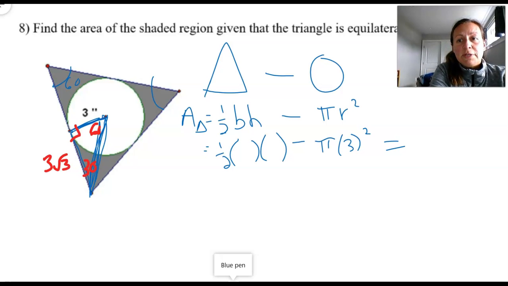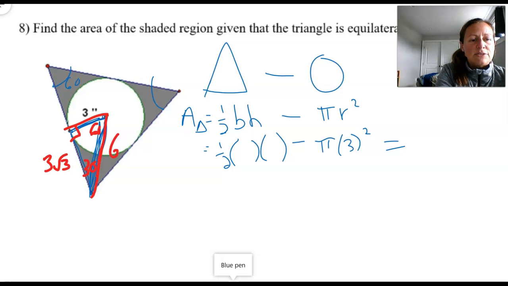The hypotenuse would be good to know as well because we're going to need that to complete the big triangle's height, okay? So the hypotenuse is always the short leg times 2. So this line is 6 inches, okay? But this line, since there's a lot of symmetry going on here, is the same as this line from the center of that figure out to a vertex.